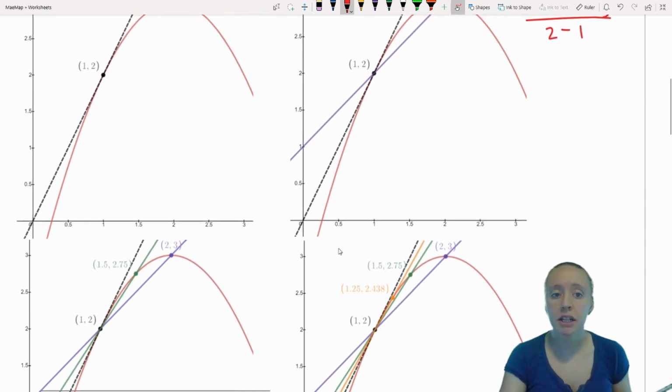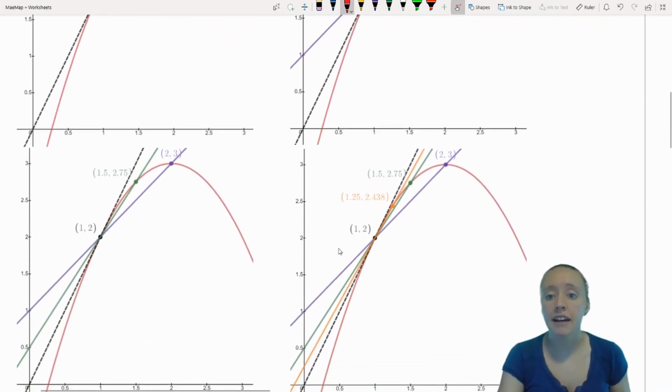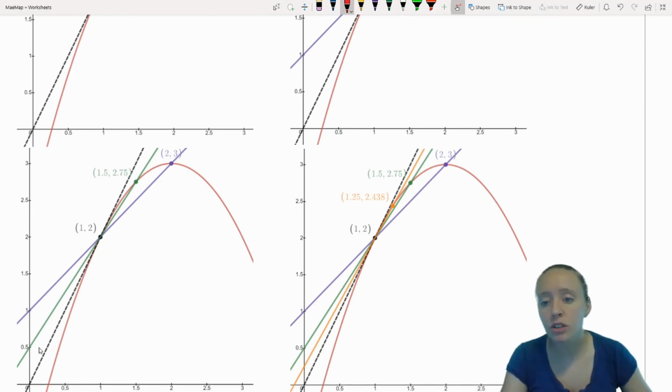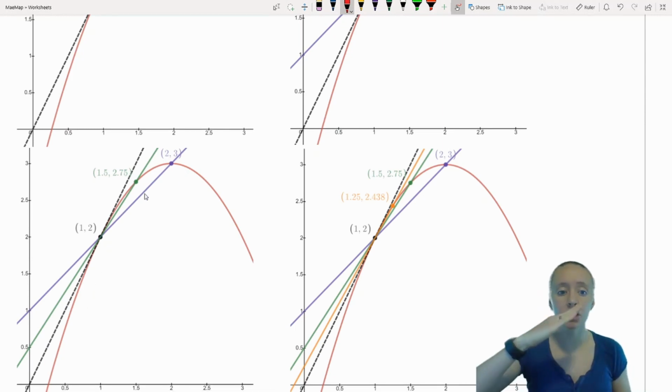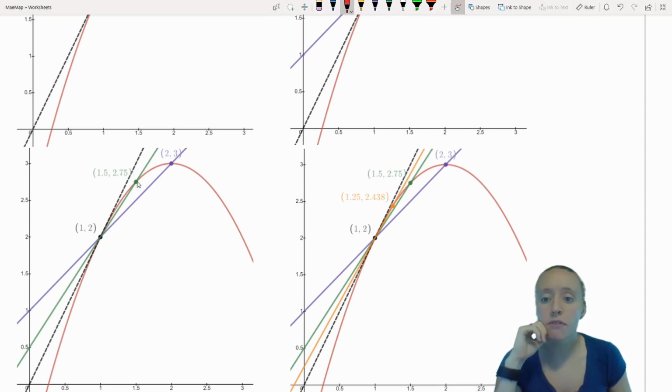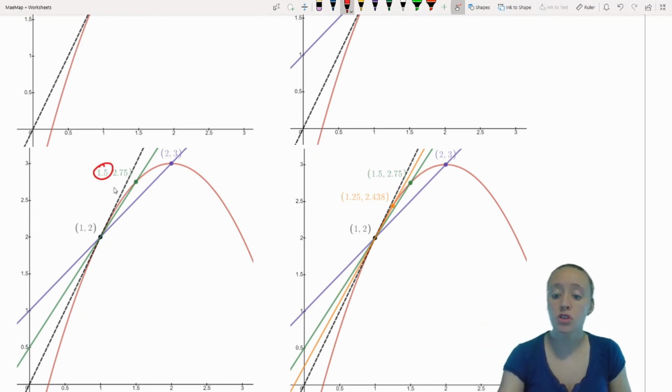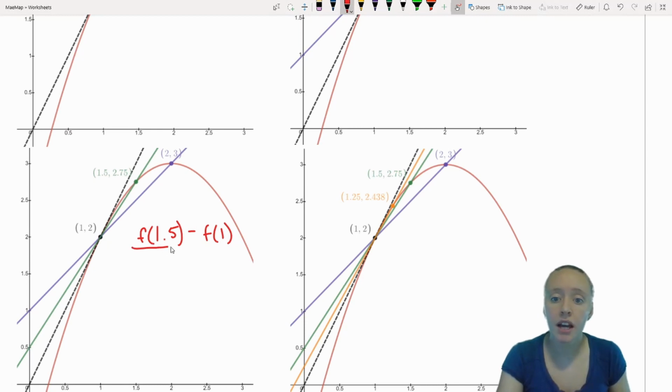In our next picture now, that purple function was our previous secant line. Now this green function is a secant line, but notice that that slope is even closer to our tangent line. So the slope of that secant line is, well, the x value for that new point is 1.5, so I'm going to find the function value at 1.5, and I'm going to subtract my function value at 1, and I'm going to put that all over 1.5, that x value, minus 1.